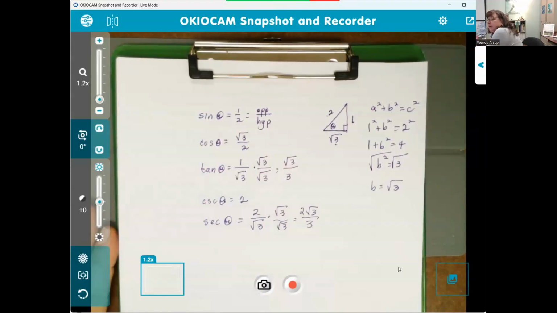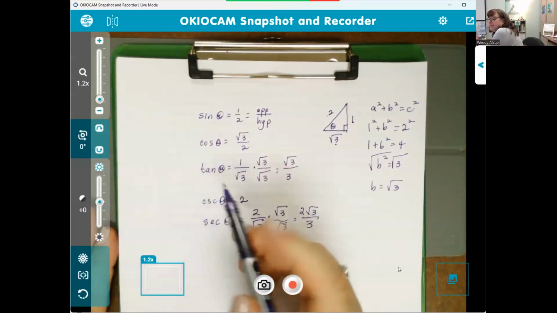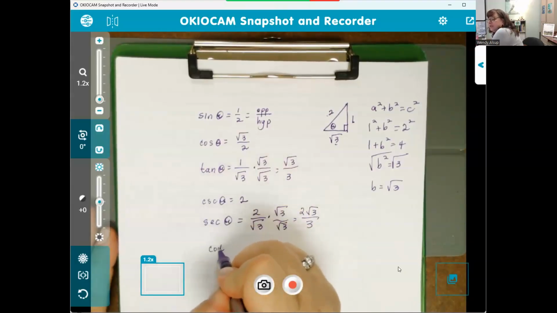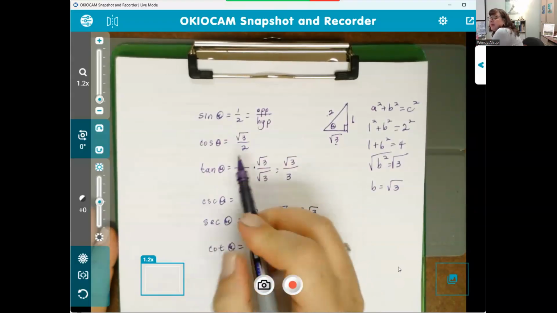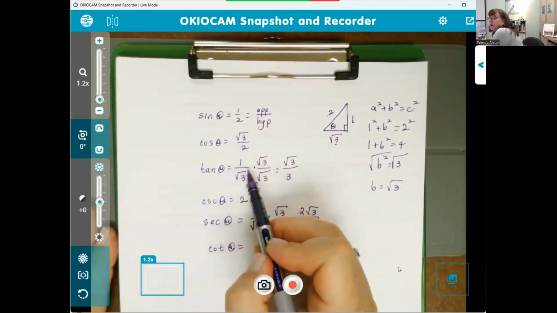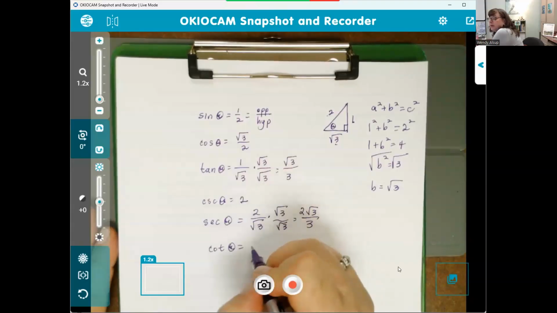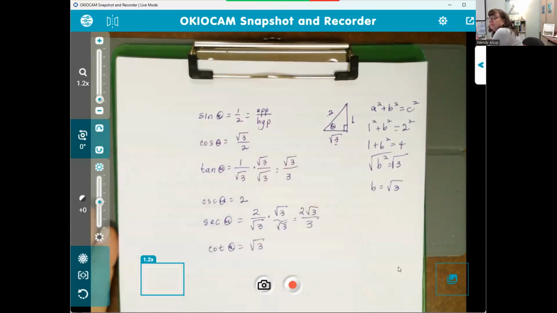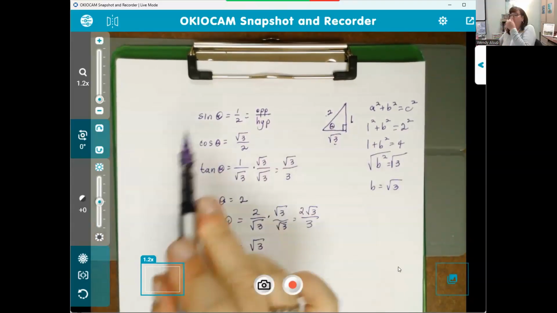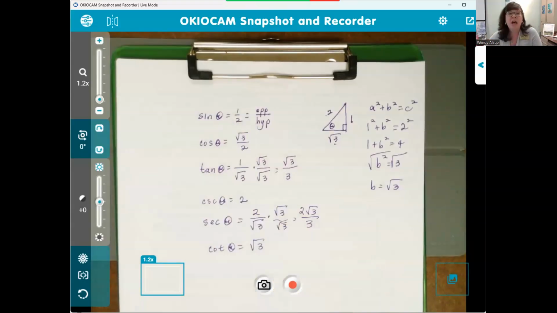So 2 root 3 over 3. And then the reciprocal of the tangent is the cotangent. The reciprocal of 1 over root 3 is going to be root 3 over 1, which is root 3. All right. So given 1, you can find all of the others. All right, continuing on here.